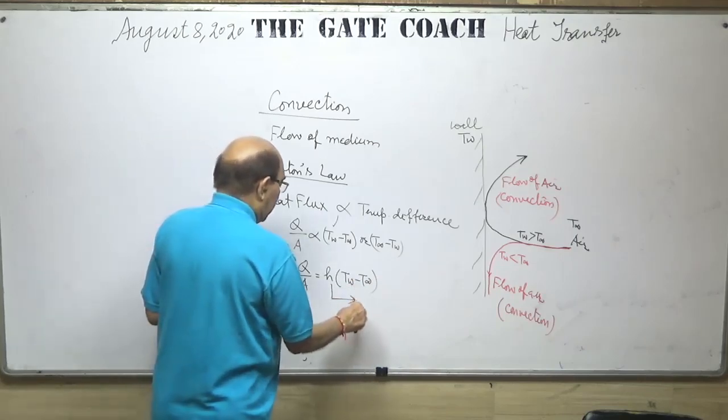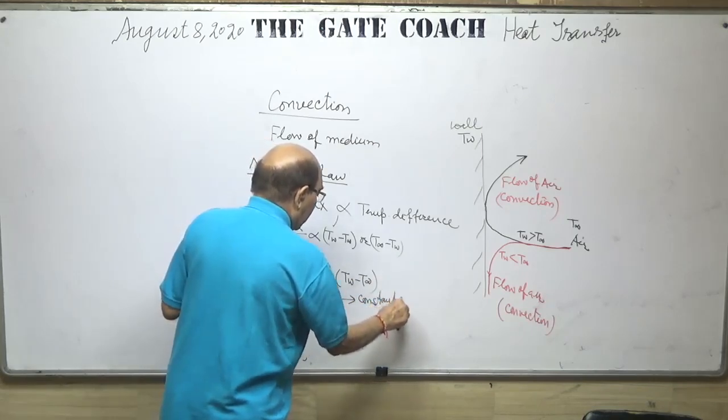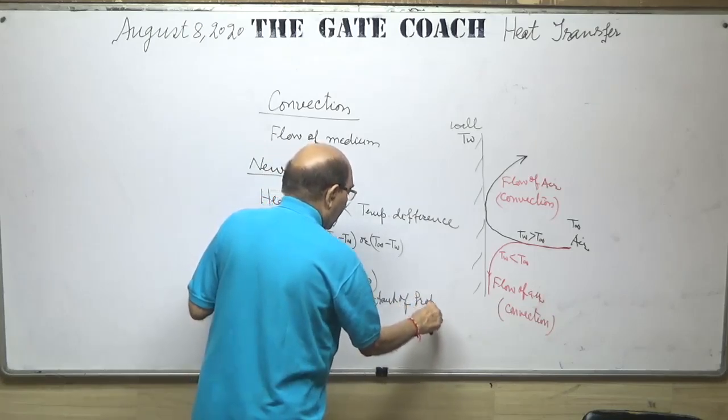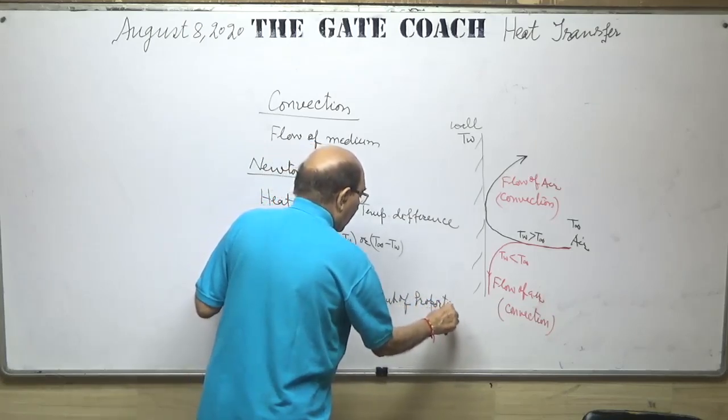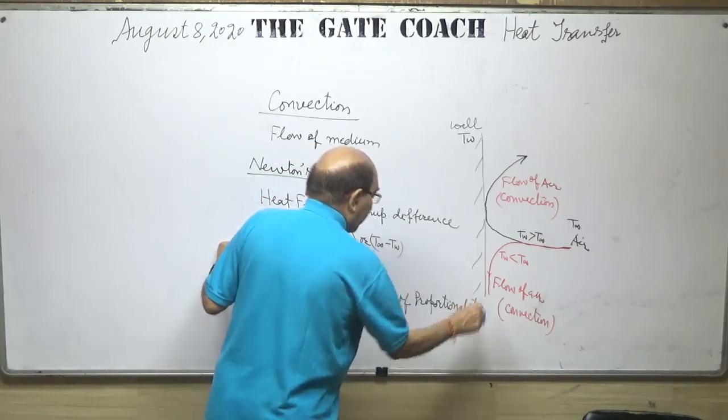where this H is the constant of proportionality.